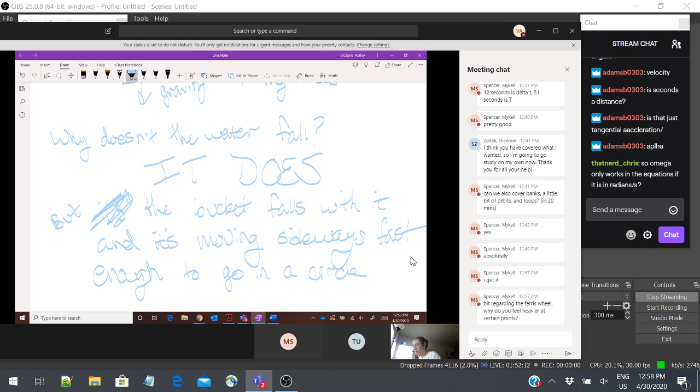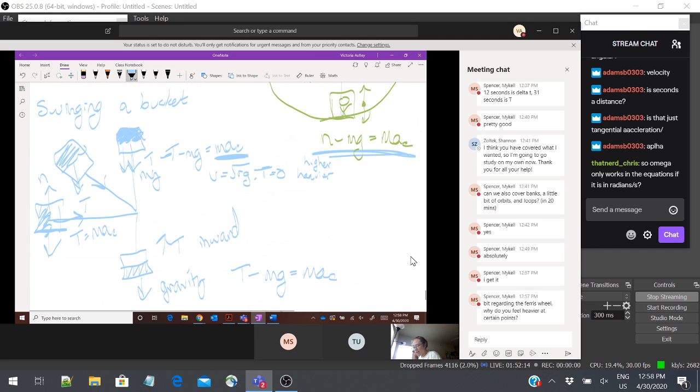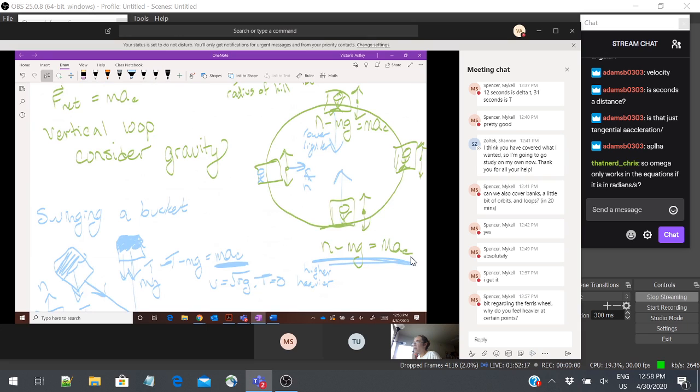Why do you feel heavier at certain points? Because at this point, the Ferris wheel is not only having to stop you from falling, it also has to make you accelerate upward. It's the difference between an object falls and you just catch it versus an object falls and you throw it back up.